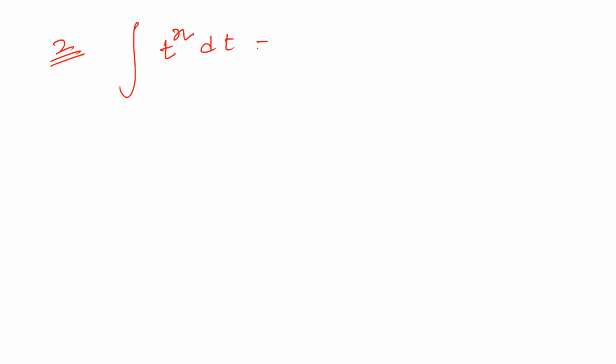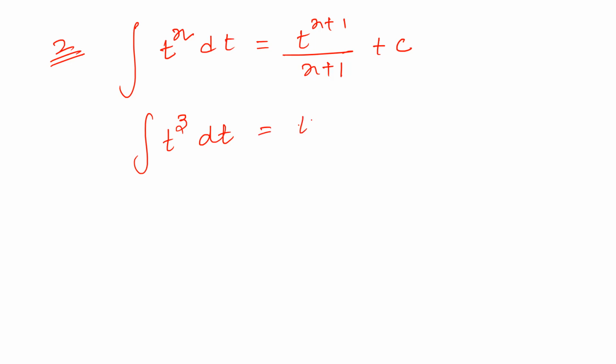So the formula is t to the power of n plus 1 divided by n plus 1, plus c. So what is the value of t cube dt? That equals t to the power of 3 plus 1 divided by 3 plus 1, plus c. That means it is t to the power 4 divided by 4, plus c.